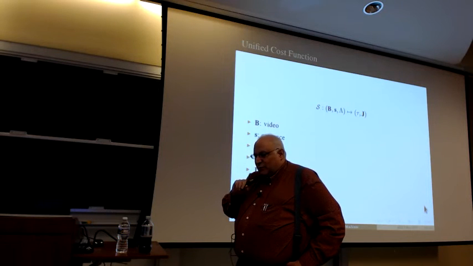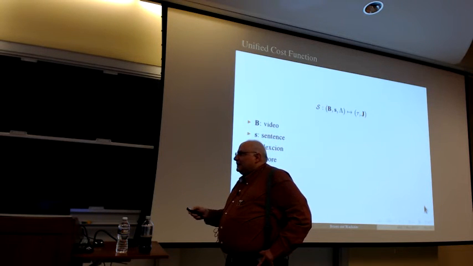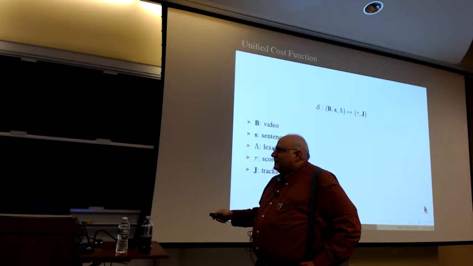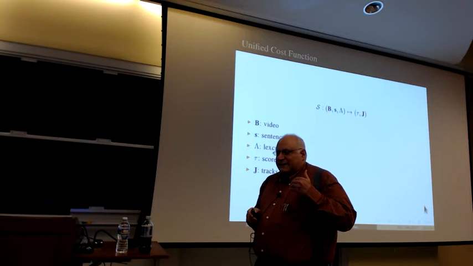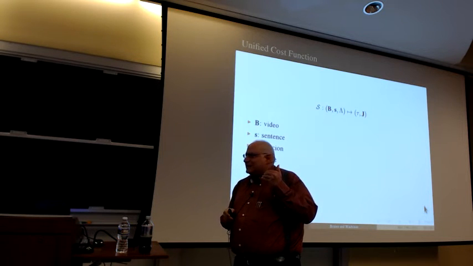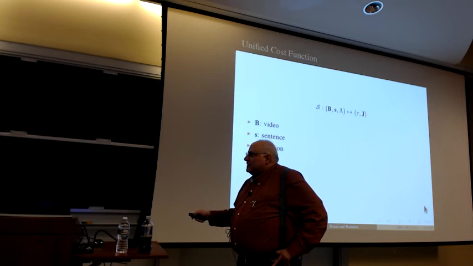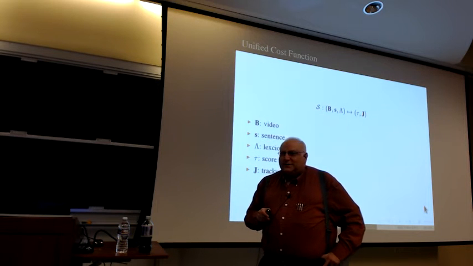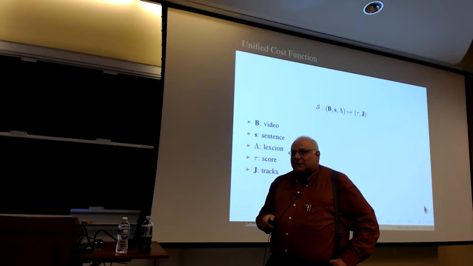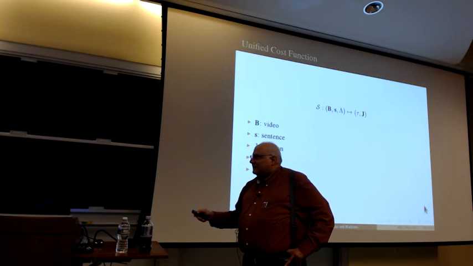Okay, so what we ultimately get is a single cost function that takes a video as input in terms of a collection of detections in each frame, labeled with whatever features we want to extract from those detections, together with a sentence, which is just a sequence of words, together with a lexicon, which is just a set of HMM parameters associated with each of the words in the sentence, and ultimately yields a score.